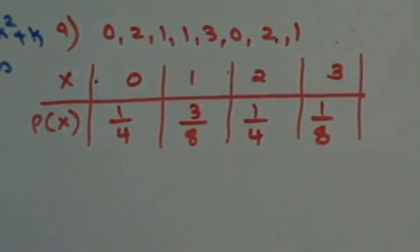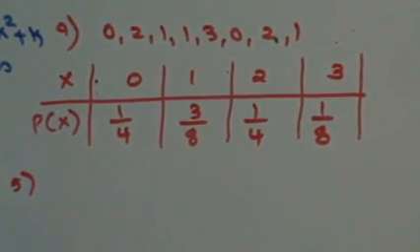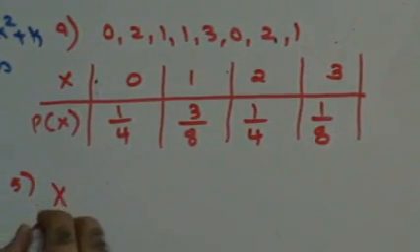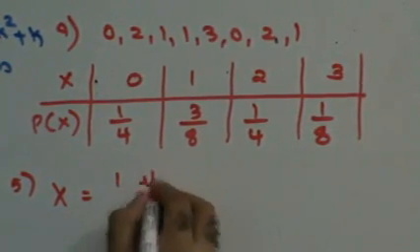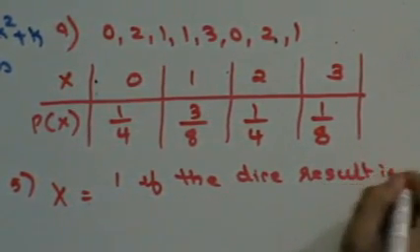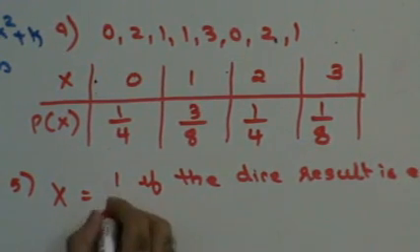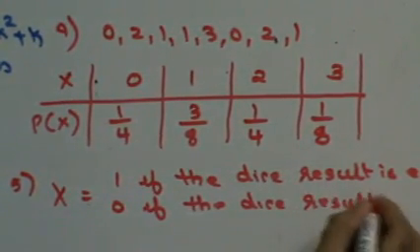A dice is cast or thrown. If the random variable X is defined as X is equal to 1 if the dice result is an even number, and is equal to 0 if the dice result is odd.